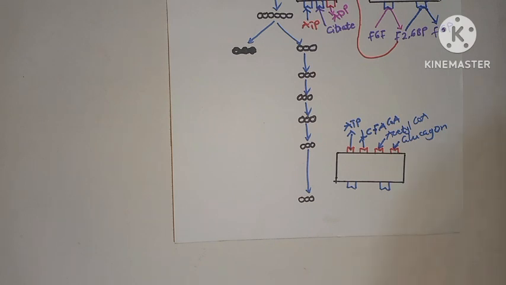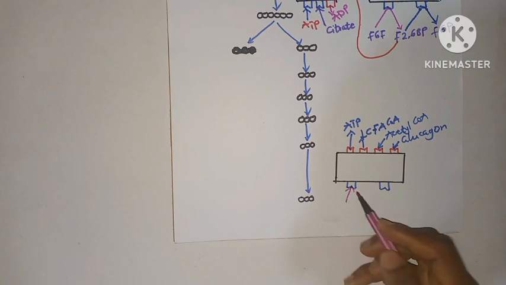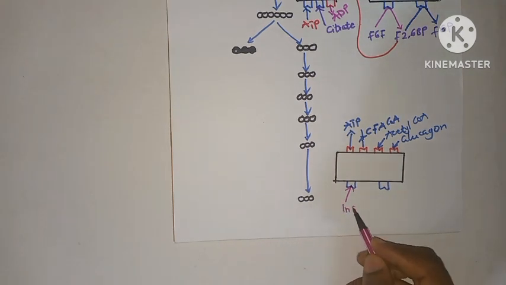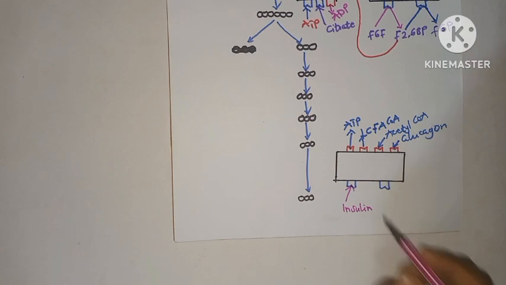Then insulin will come, and in order to stimulate this enzyme, it has to dephosphorylate the phosphate that was added to it. In doing that, it stimulates this enzyme. So insulin is a stimulator of pyruvate kinase. And the second one that will stimulate this enzyme is fructose 1,6-bisphosphate.